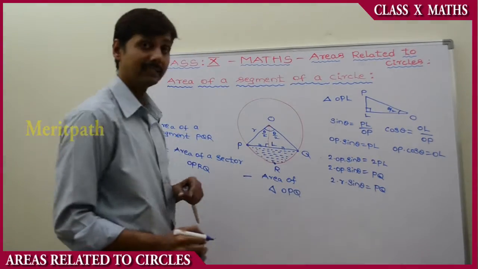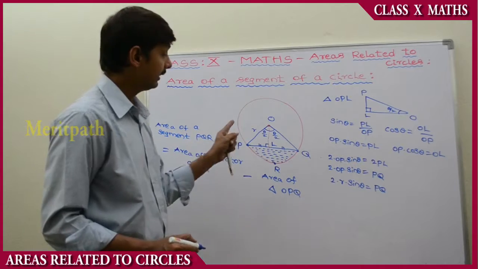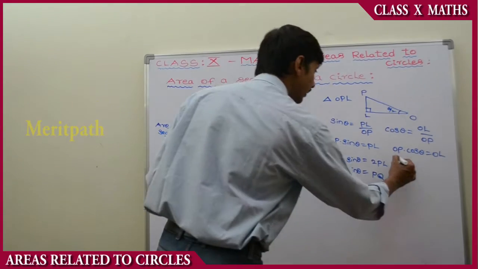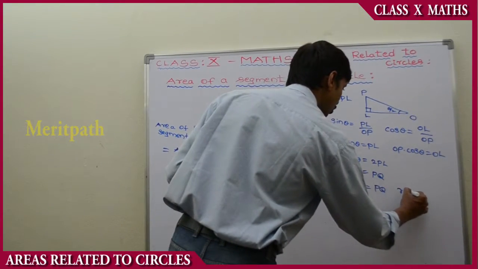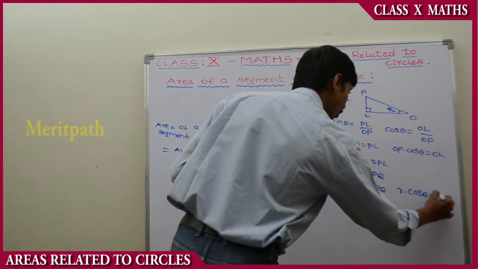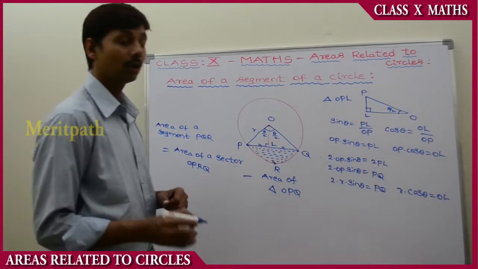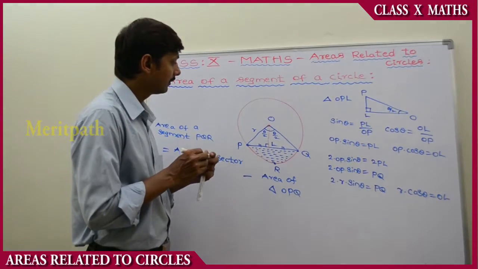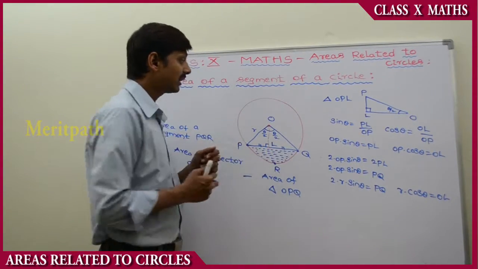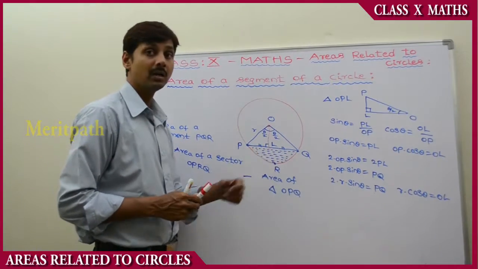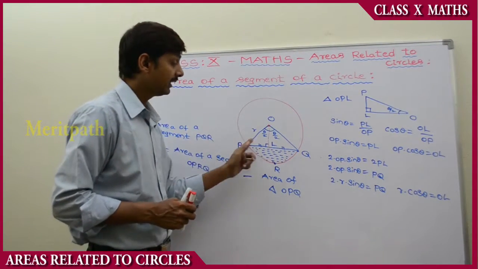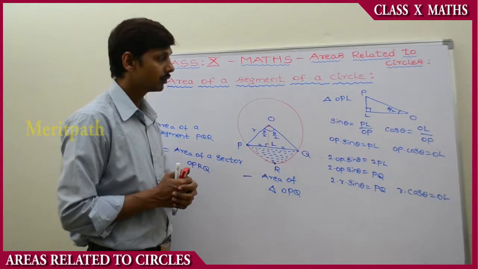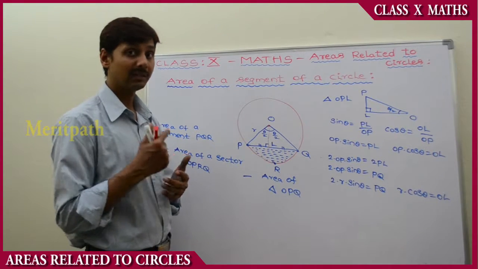So 2R sin theta is equal to PQ, and OP we can also take as R, so R into cos theta is equal to OL. So we got OL and PQ. The reason for finding OL and PQ is that the base of triangle OPQ is PQ and the height of triangle OPQ is OL. So we can find the area of this triangle.